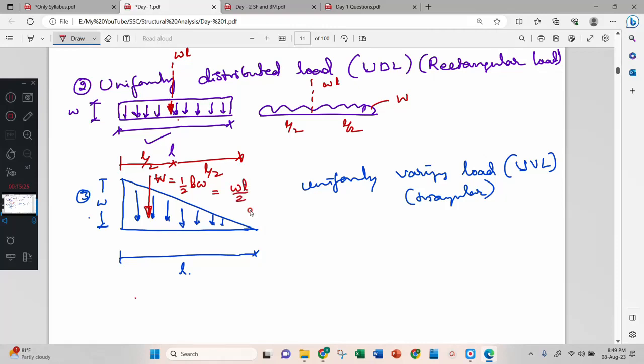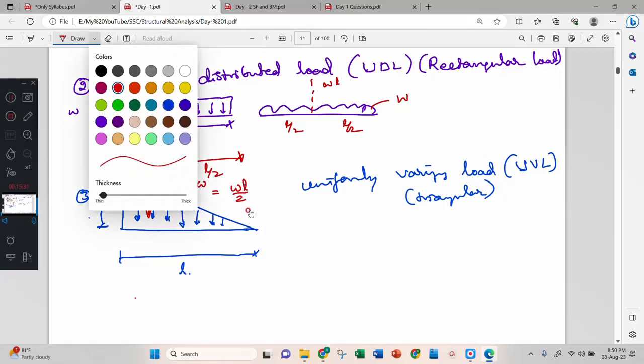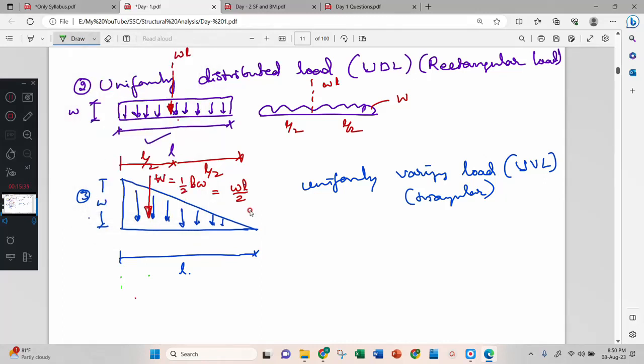This is your converted point load. Very interestingly, this acts at a distance L by 3 from the highest point, that is, this is L by 3, and from here it is 2L by 3.